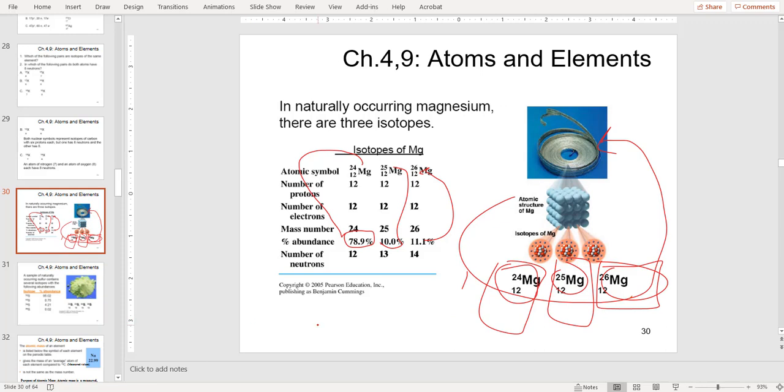Now, because neutrons are neutral, we don't care about the neutrons when we do our chemical reactions. However, the more neutrons you have, the heavier that particular isotope is. So if you have a mixture of different weighing isotopes, then chemists don't like that, because when we put something on a mass balance, that may throw off the weight.